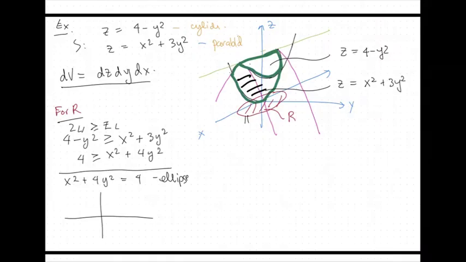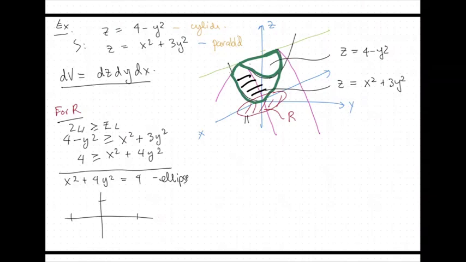Okay. When x is equal to 0, your y is 1. And when y is equal to 0, your x is 2. How did I do that? I just plug in here. So when x is equal to 0, y squared is equal to 4 over 4. That means y squared is 1, so y is 1 and negative 1.